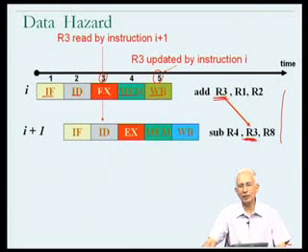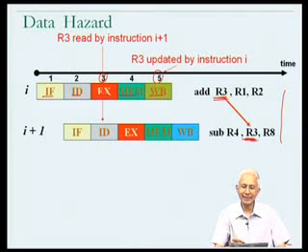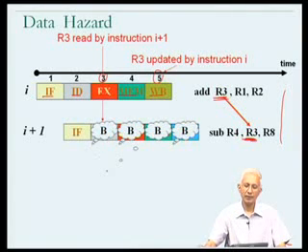Now, based on our analogy from petroleum pipelines, we realized that one way that this hazardous situation could be handled is essentially by preventing instruction I plus 1 from reading its operands in cycle number 3. In other words, if instead of allowing instruction I plus 1 to use the ID hardware in cycle number 3, I pump a bubble of air into the pipeline, that bubble of air will progress through the pipeline in subsequent cycles.